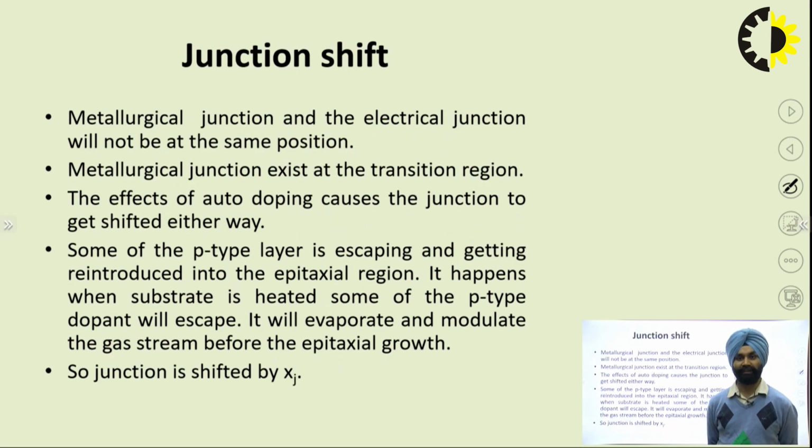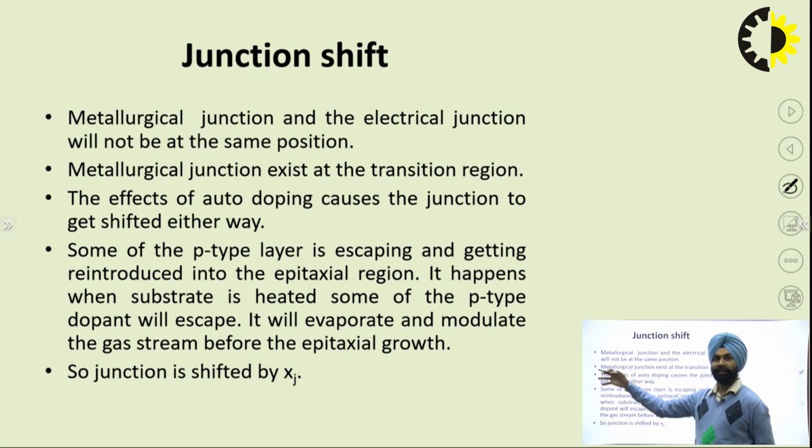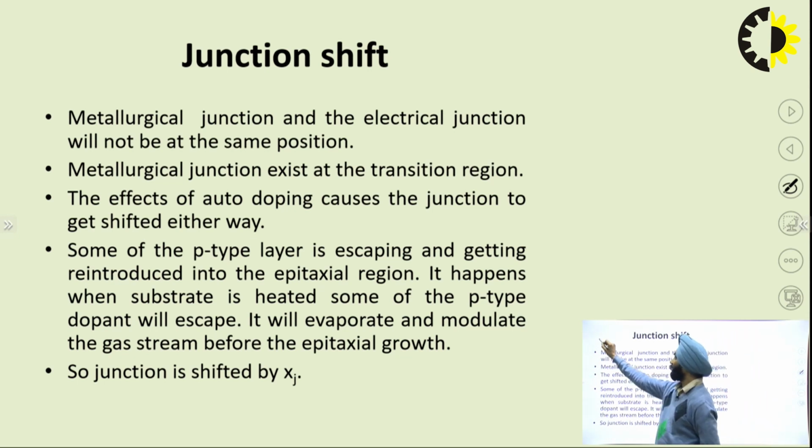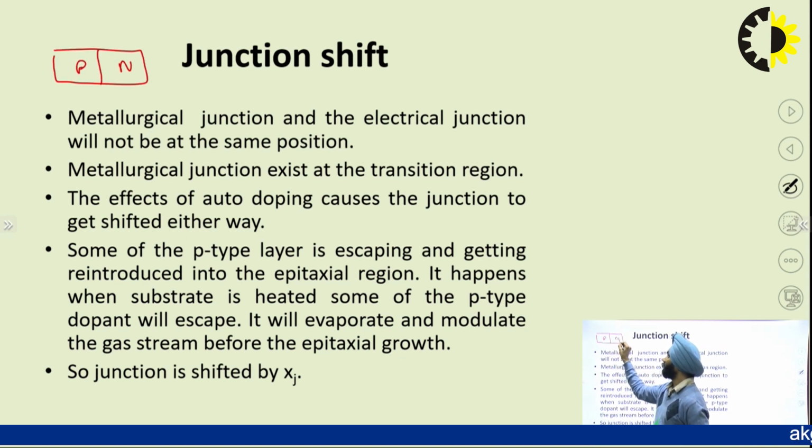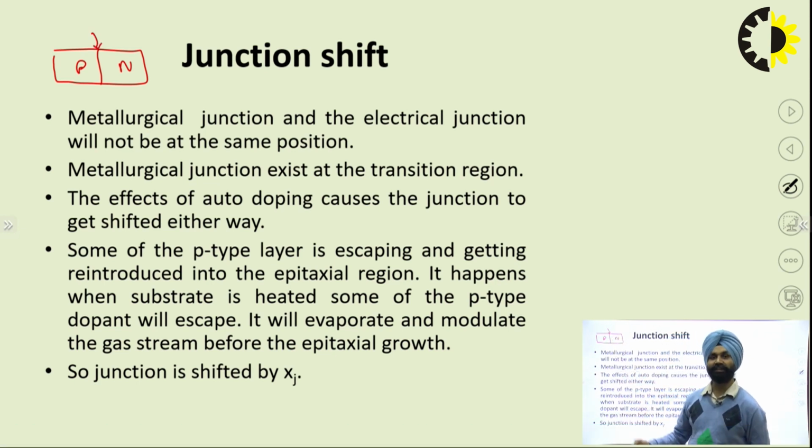The first thing that comes with this epitaxy is the junction shift. Junction shift is there when we draw a particular junction, which is actually a metallurgical junction, but the electrical junction is different. If we have a device, let's suppose a PN junction, we draw it like this, P and N. Here it is a junction, but actually this junction is shifted from the drawn position.